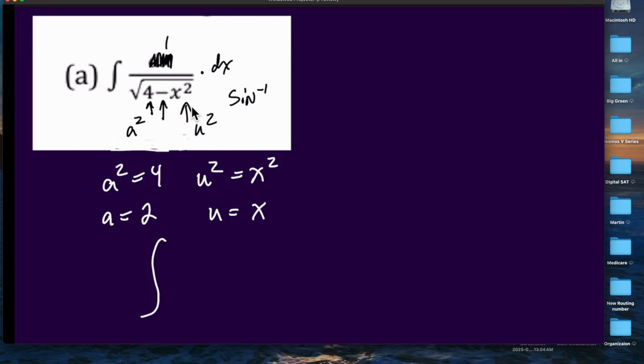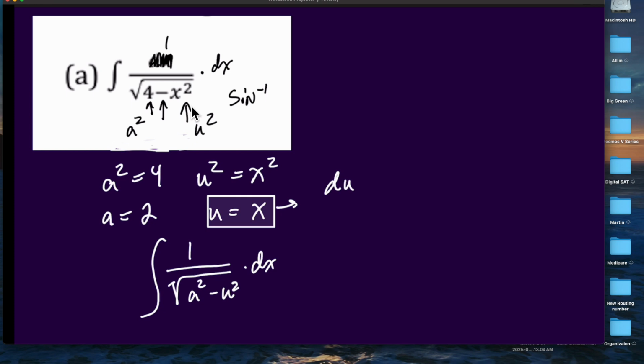Next, we're going to rebuild our integral so our radical looks like a squared minus u squared times dx. Okay, we're going to come over here with the du, and we're going to take the derivative of both sides, and we're going to get du equals dx. We're going to replace dx with du, so we're going to have the integral as shown with du.